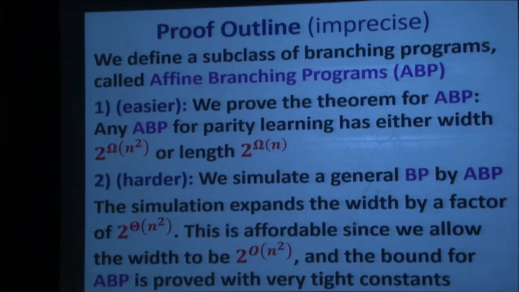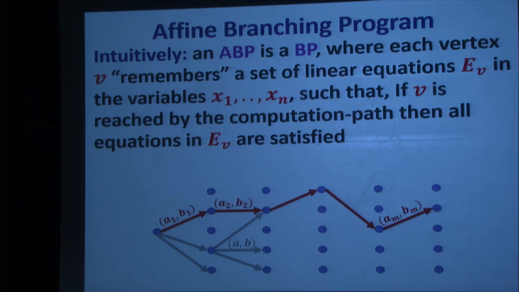But we will improve a little bit over the bad constant, and this will already be enough because this part will be extremely tight. So this is an imprecise high-level description of what is going on. I will give a more precise description in maybe 10-15 minutes, but I hope to show all the ideas of the proof today. Okay, so what's an affine branching program?